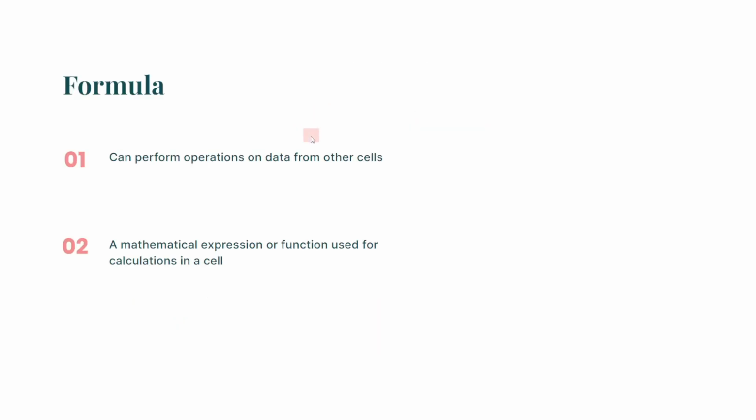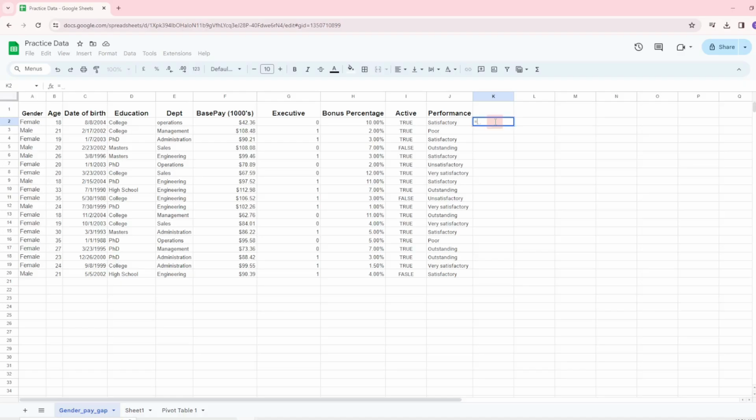And then a formula, what do we term as a formula? It's a mathematical expression or function used for calculations in a cell, and it can perform operations on data from other cells. We'll be treating formula properly in subsequent videos.